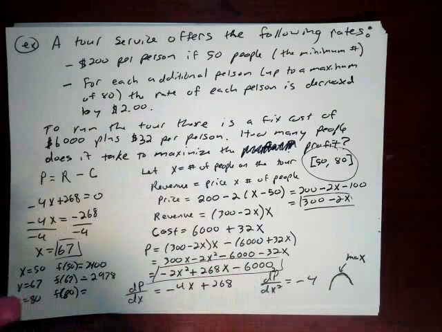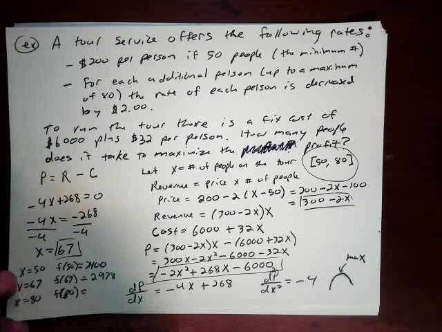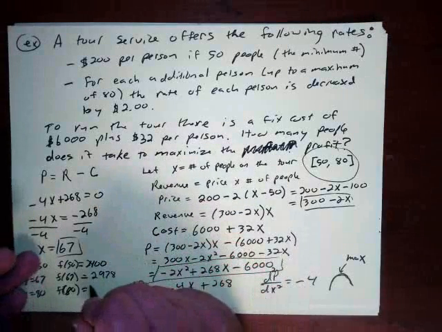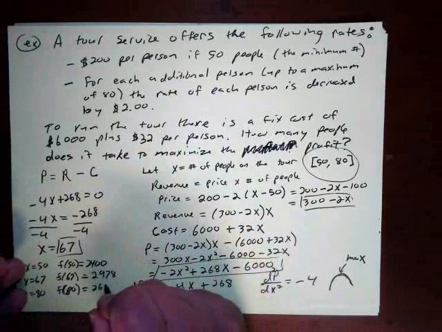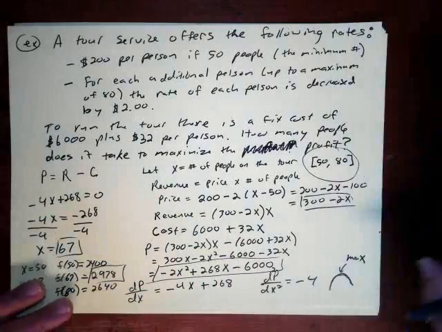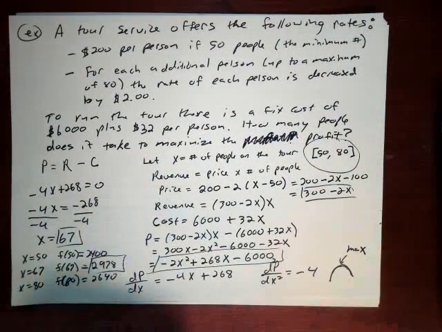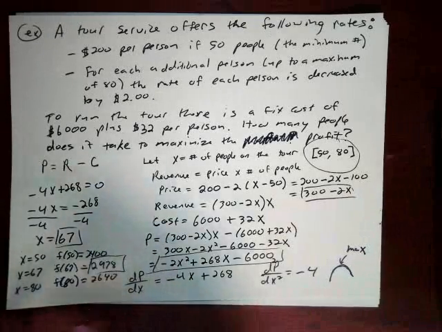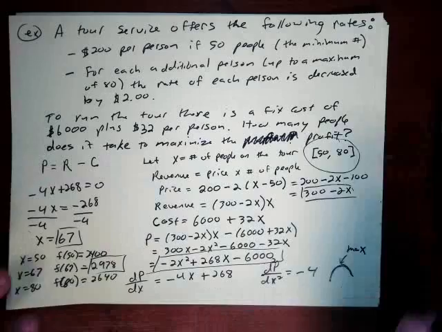And then if I put in 80, that's like 2,640. So that would be the maximum, even given the endpoints of our interval. Okay, so that's maximizing the profit.